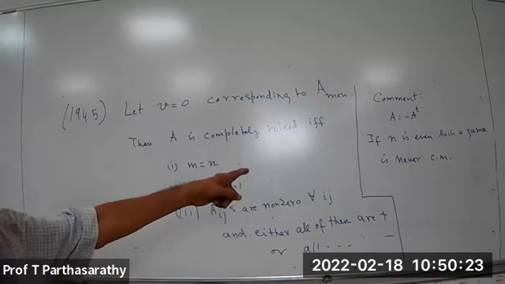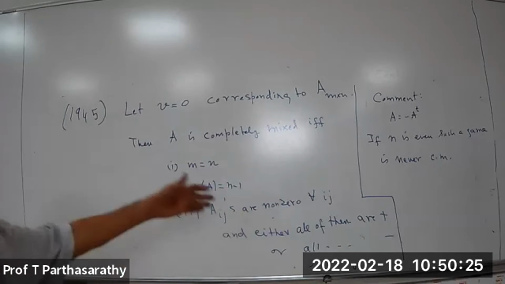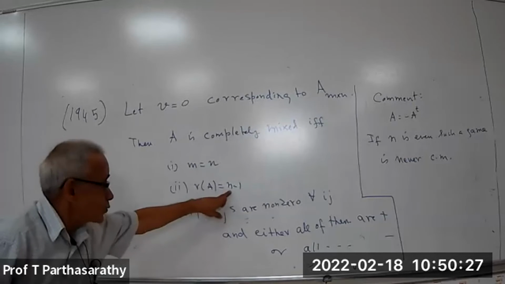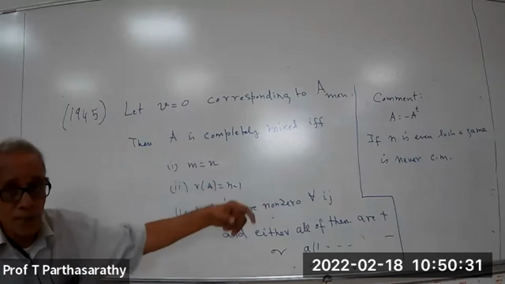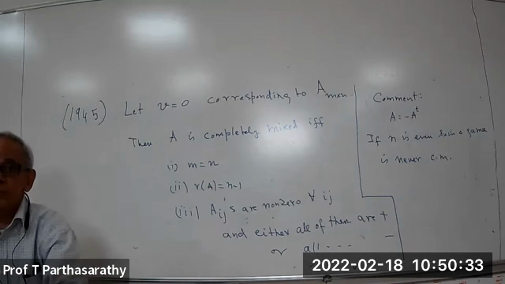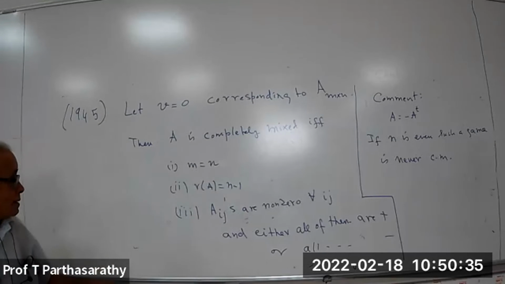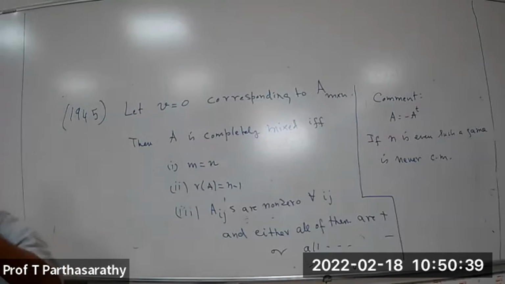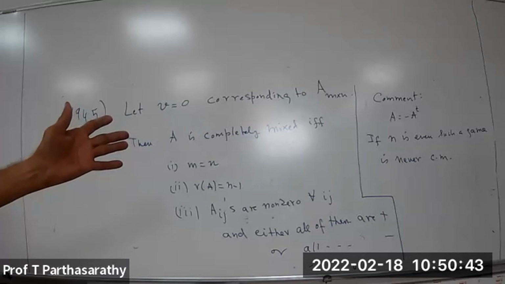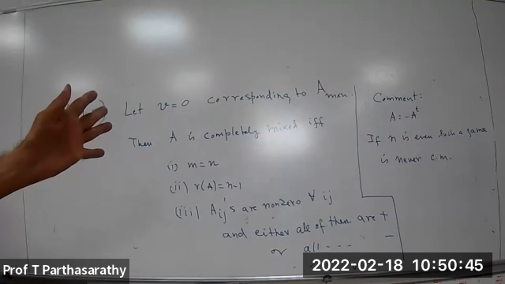And since n is even, use this result: the rank should be n minus 1. But when you go one down in order, that becomes an odd order skew symmetric matrix, whose cofactor should be non-zero. But every odd order skew symmetric matrix has determinant 0. So when n is even, such a result is not possible.